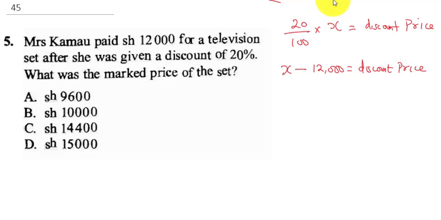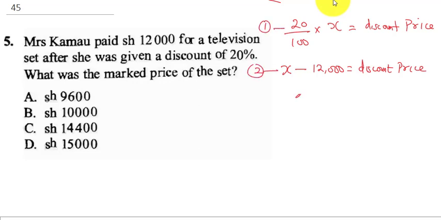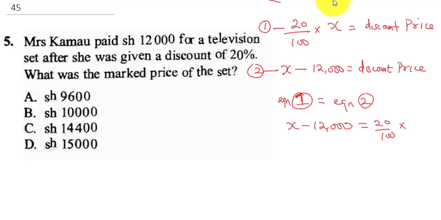Now you can see, if you call this equation 1, and let's call this equation 2, you can see that equation 1 is equal to equation 2, in the sense that both of them are discount price. So x minus 12,000 will give me 20 over 100 multiplied by x.